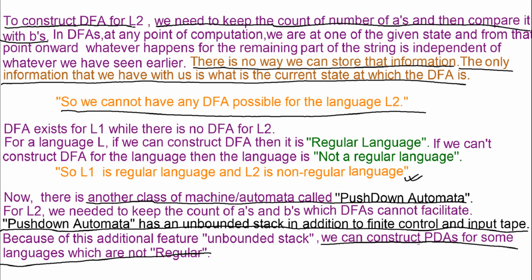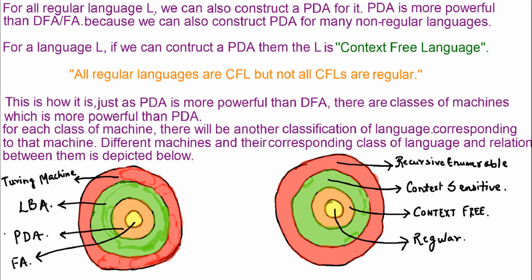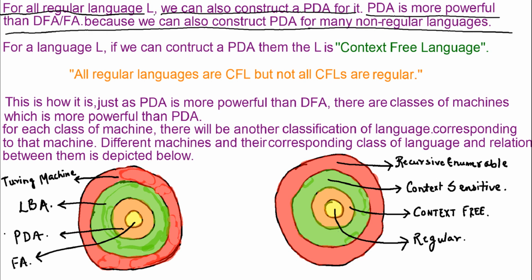For all regular languages, we can also construct a PDA. But even among the languages for which no DFA exists, there are still some for which you can give a PDA. Therefore, PDA is more powerful than DFA because we can also construct a PDA for many non-regular languages.